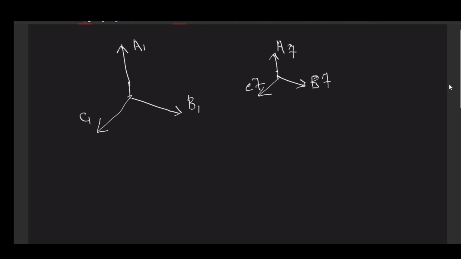Here, because they maintain the same phase sequence, the negative sequence will be like this, and zero sequence is like this. Generally we confine ourselves within the first 7th harmonics, but in some cases we go up to 19, 17 like that. Anyway, this is not our discussion.